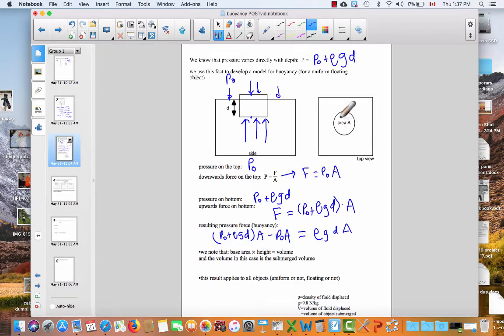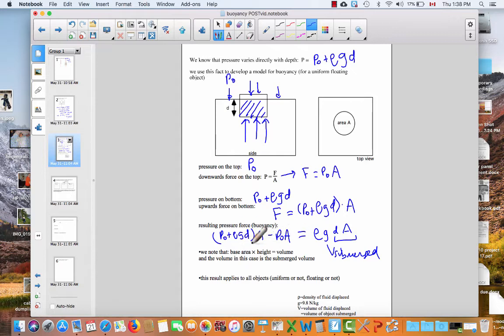So when we view from above, the object has an area A and is submerged by a depth d. But of course, that's a base area times a height. That's a volume. And this volume right here, d times A, isn't the whole volume of the object. It's actually the submerged volume of the object.